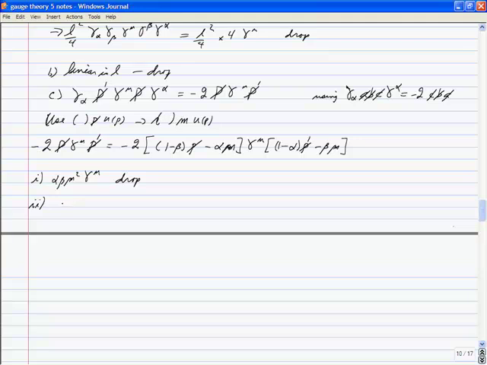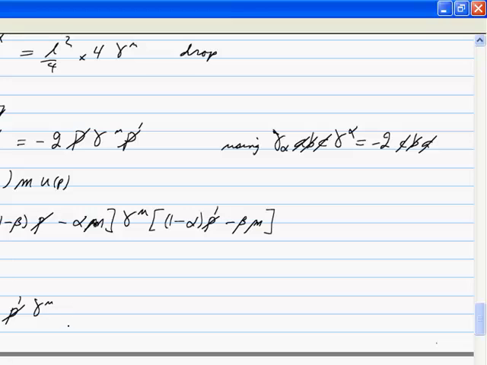When I have gamma mu p slash prime, we write that as gamma mu p slash prime minus p slash prime gamma mu, which in the linear terms is going to drop out.